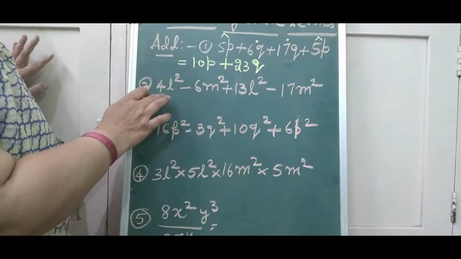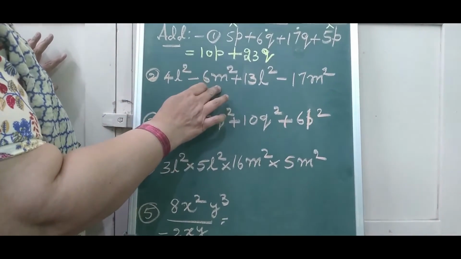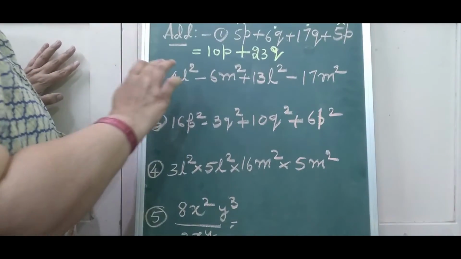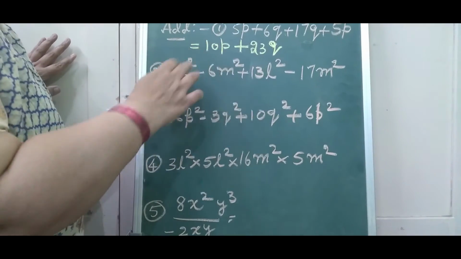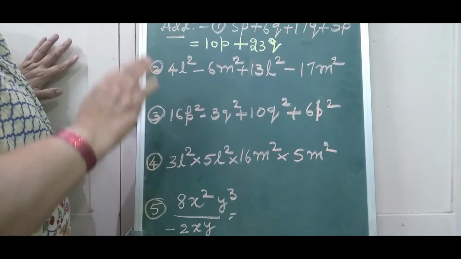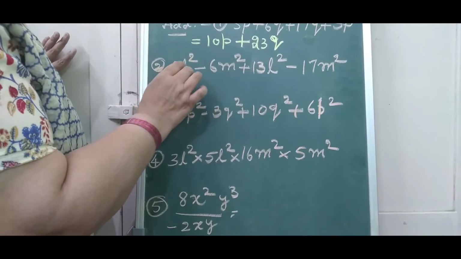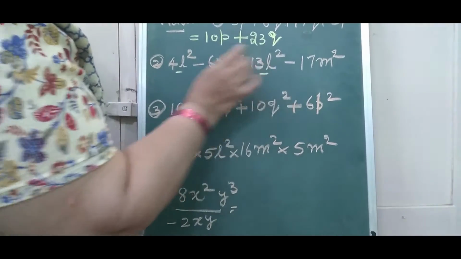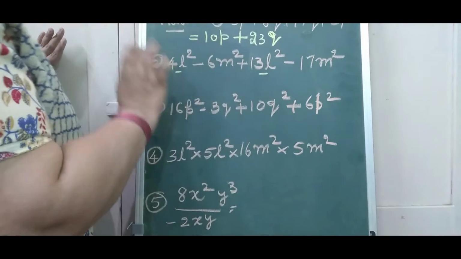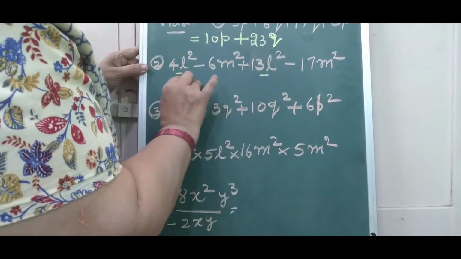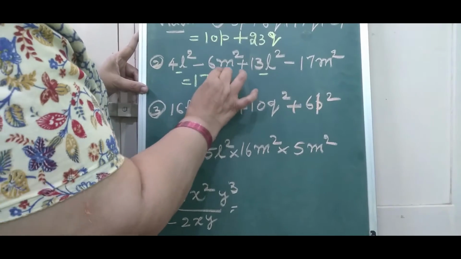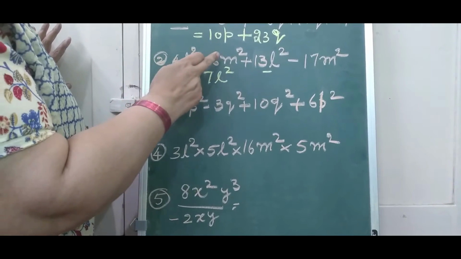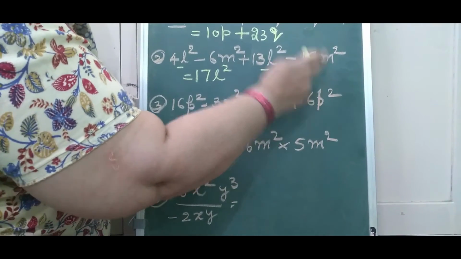Next, let me consider 4l square minus 6m square plus 13l square minus 17m square. Here addition is there, subtraction is there, both plus and minus, so please don't get confused. Here first you recognize 4l square and 13l square are the like algebraic terms. You can add this, 4 plus 13 will be 17l square. And again, observe very carefully, minus 6m square is there and minus 17m square is there.